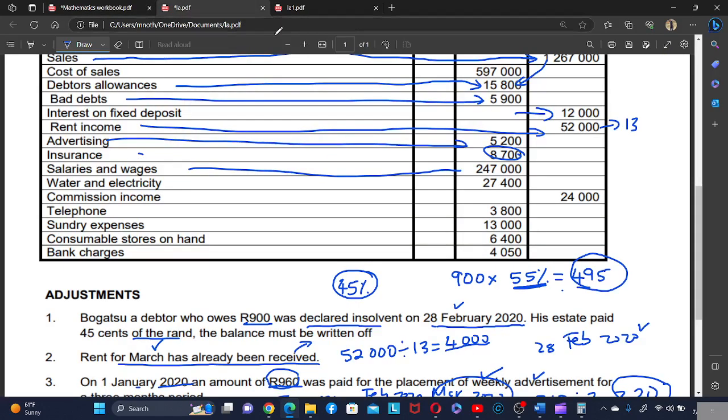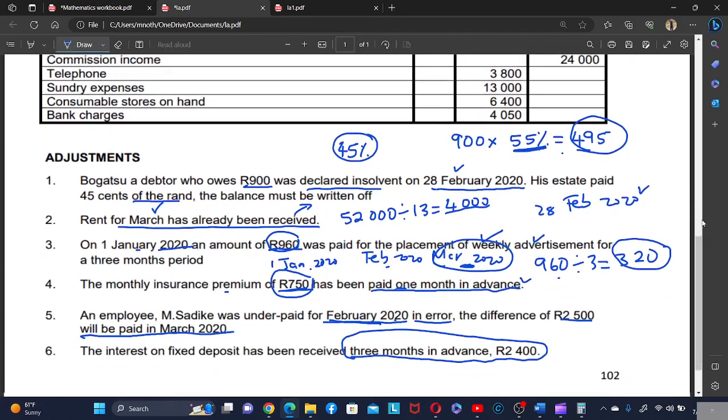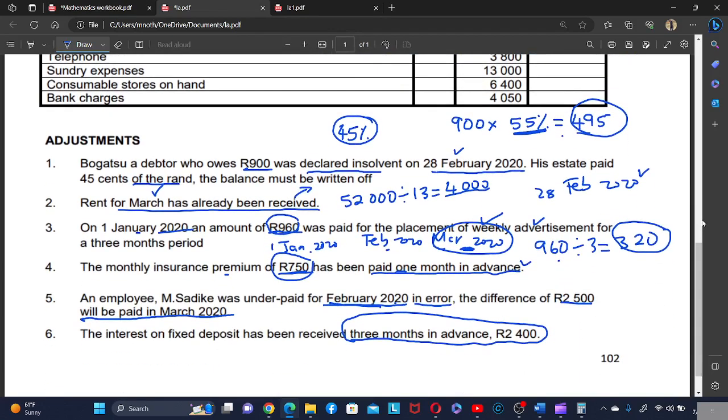So we are told that we have received the interest 3 months in advance. So we've received the interest of the next financial year, which is 3 months. So we know that the matching is saying that incomes should be recorded in the year that they belong in, even if they have not yet been received. So we have received the interest on fixed deposit for the next financial year, right?